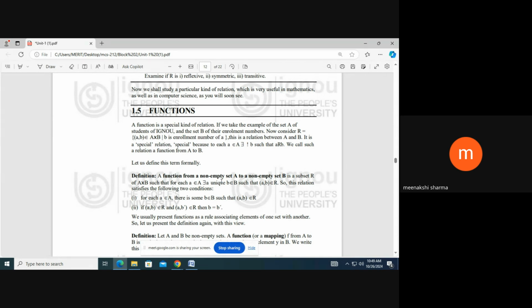Students, what is a one to one? Functions are four types: one to many, many to one, many to many.